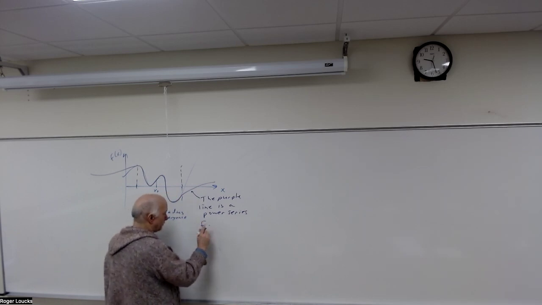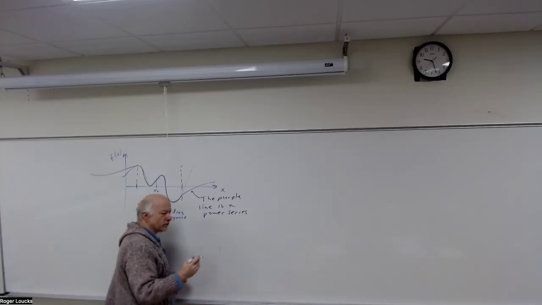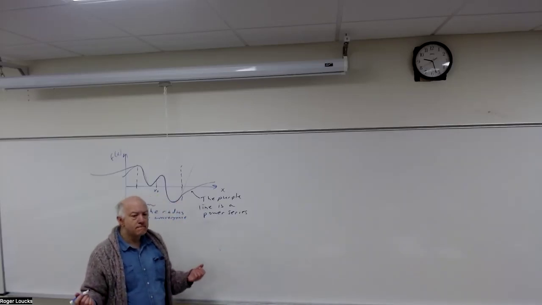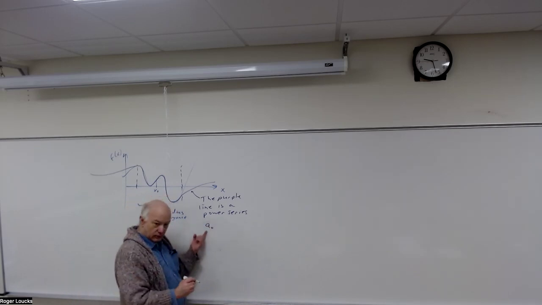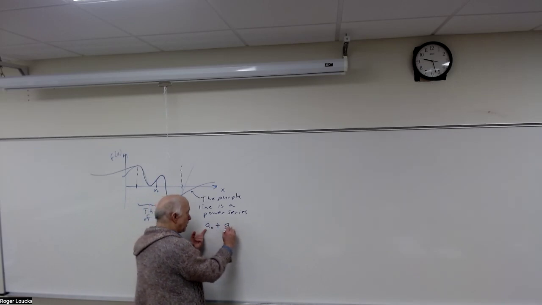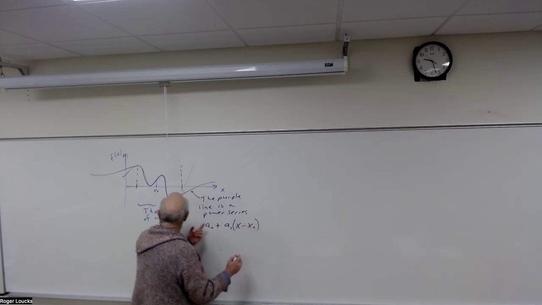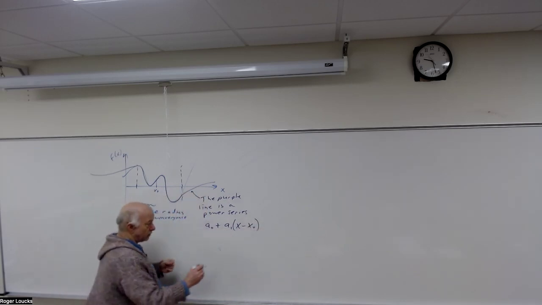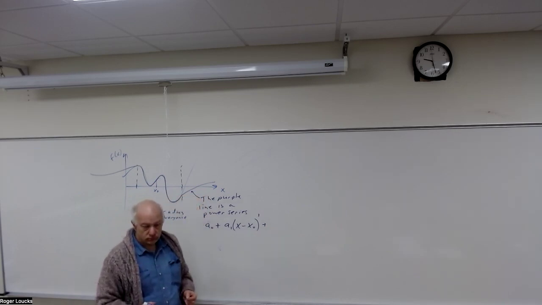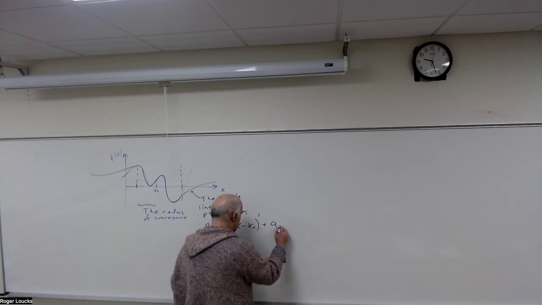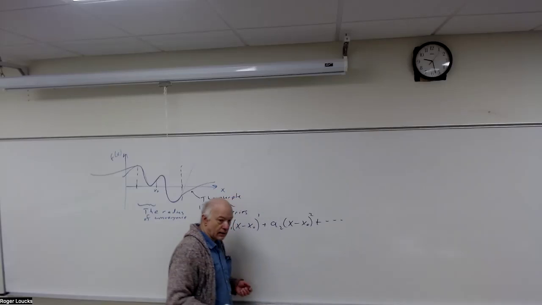Okay, so this right here, I'm going to say this f of x. What does it mean to be a power series? x to some power. So I'm going to have a0, a constant, plus another constant a1 times (x minus x naught), the point I'm doing the expansion about, to the first power, plus some other constant a2 times (x minus x naught) squared, plus so on.